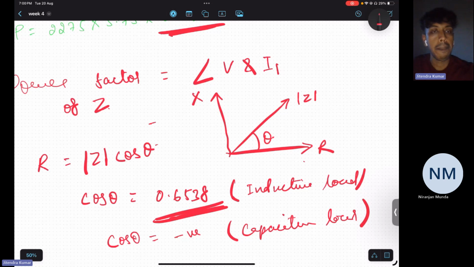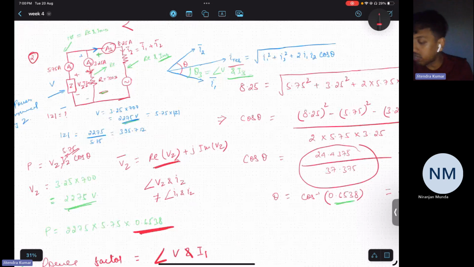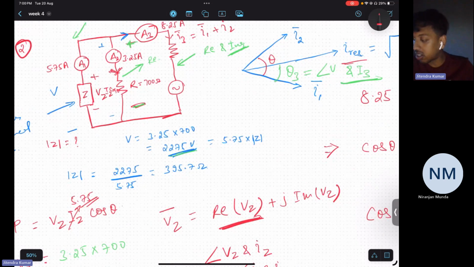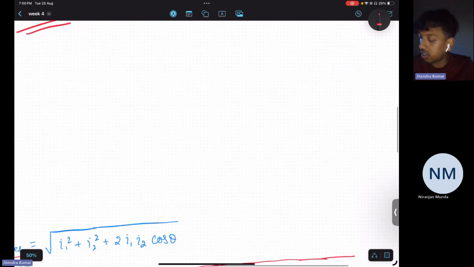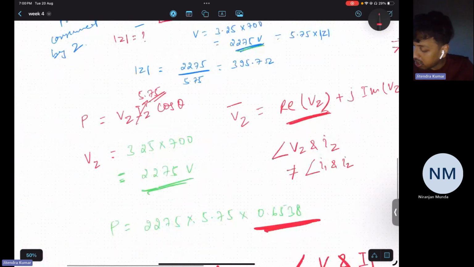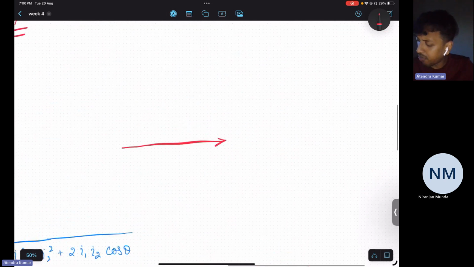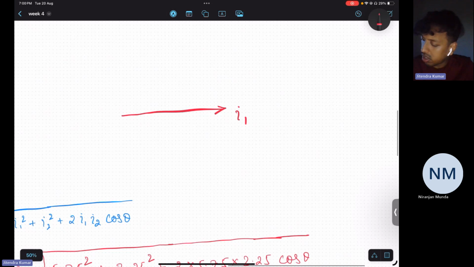Okay then. Let me also draw the phasor of this entire circuit. Can you draw the phasor of this entire circuit? We know the current phasor. We can also draw the voltage phasor. The angle between I1 and I2 that came was how much? Beta came as 49.17.